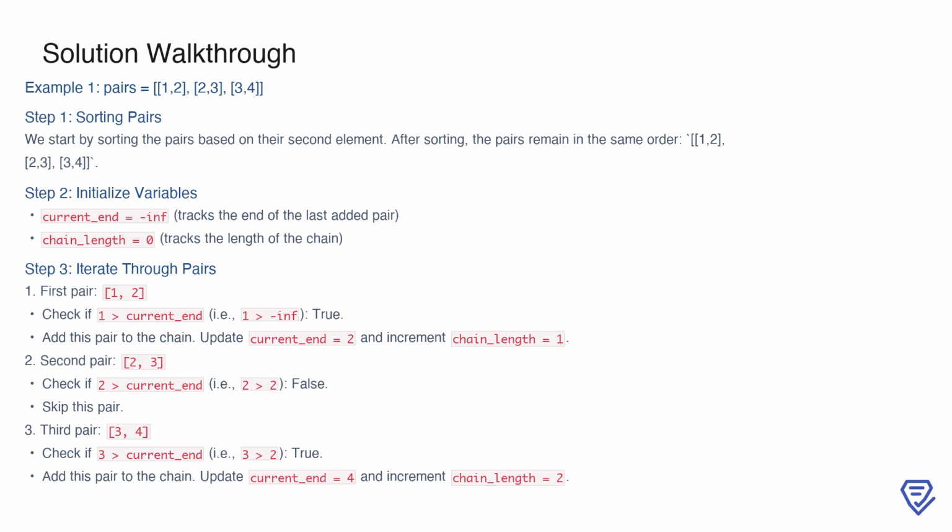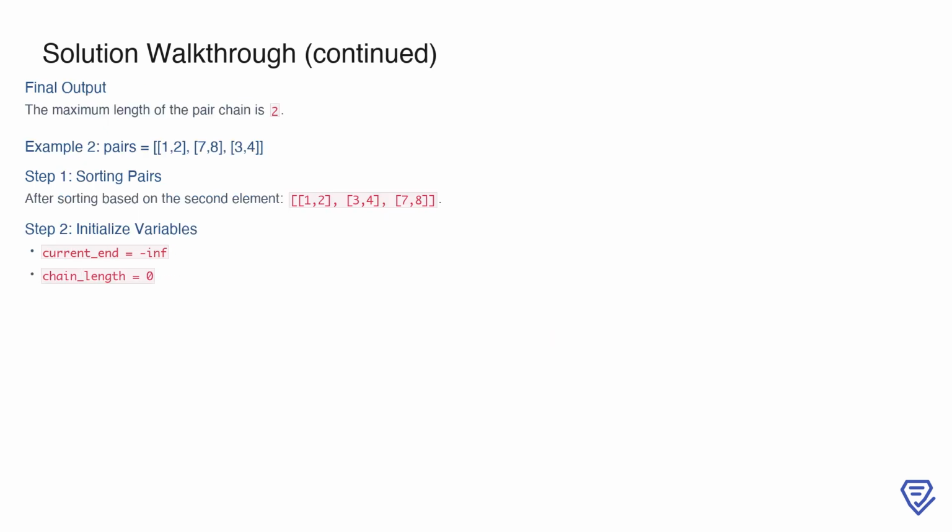This condition is false, so we skip this pair. Finally, for the third pair, (3, 4), we check if 3 is greater than current_end, which is still 2. This condition is true, so we add the pair to the chain, update current_end to 4, and increment chain_length to 2.